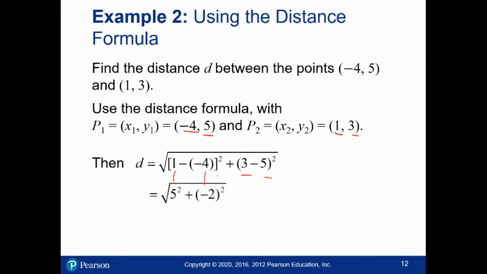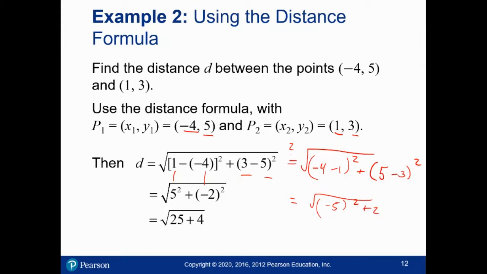1 minus -4 is 5, 3 minus 5 is -2. 5 squared is 25, and -2 squared is 4. What if we did it in the other order? Will we get the same thing? Well, we'd have (-4 minus 1) squared plus (5 minus 3) squared. And what's -4 minus 1? It's -5.